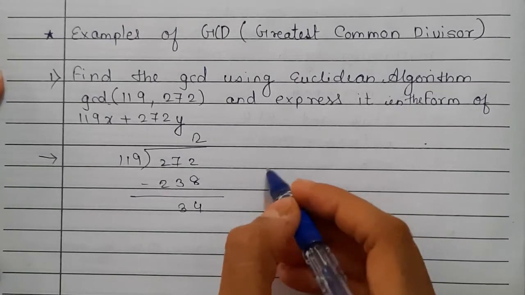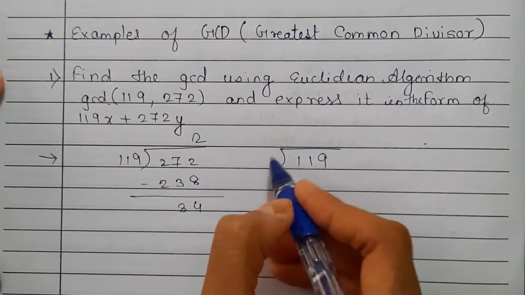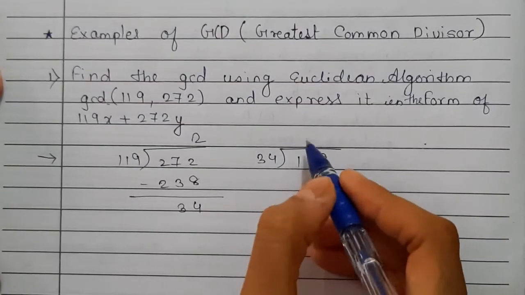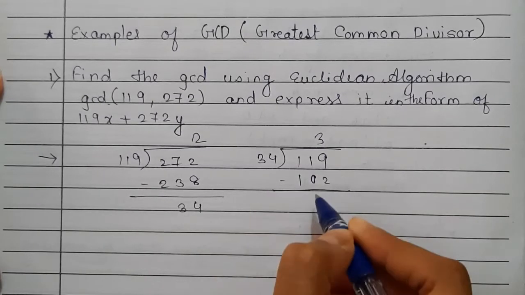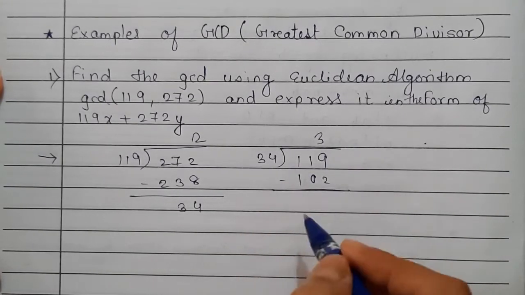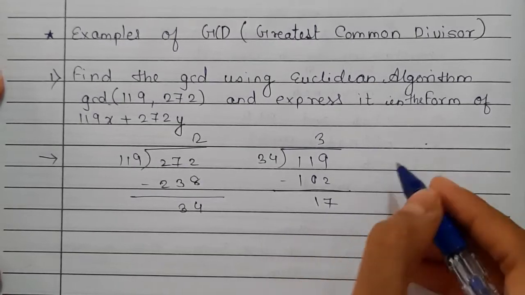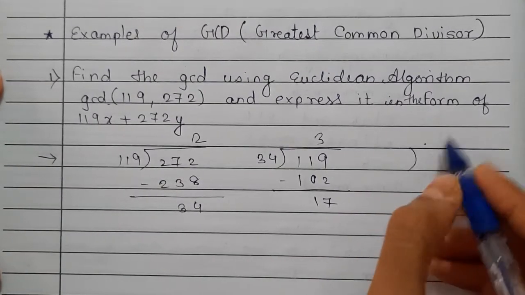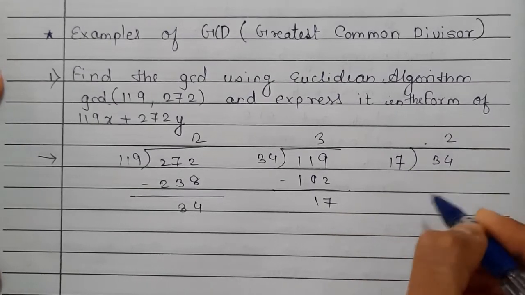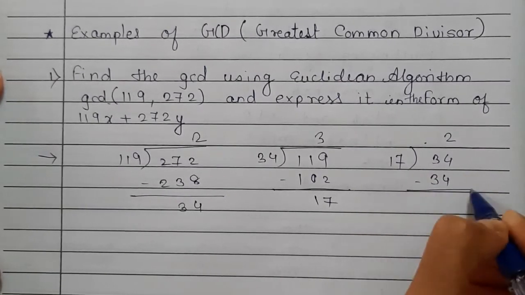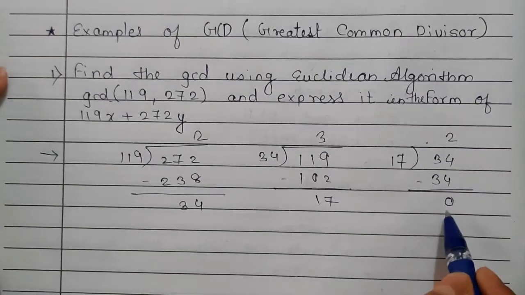Again we divide 119 by 34. Here we get 102, because 34 threes are 102. So we get the remainder 17, and lastly we divide 34 by 17. 17 twos are 34, so we get remainder 0.